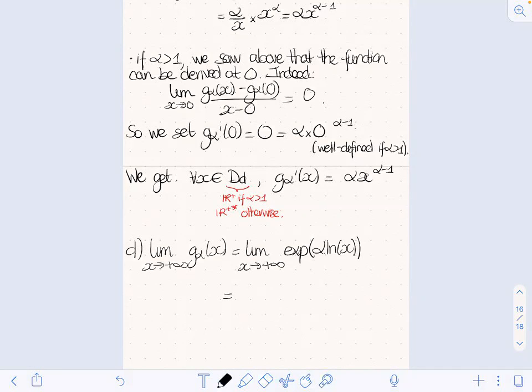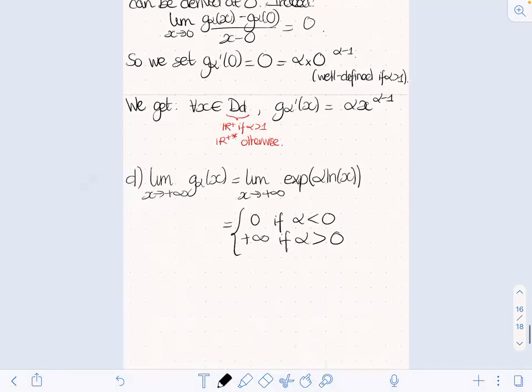So you get 0 if alpha is negative, and plus infinity if alpha is positive. So that's a result related to the limit. The case where alpha is strictly positive is coherent with what we know for the square root function, which is quite reassuring.